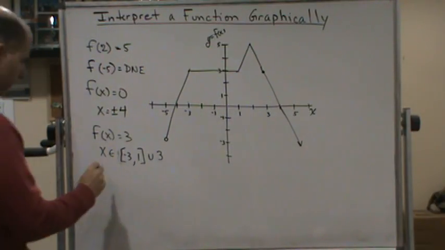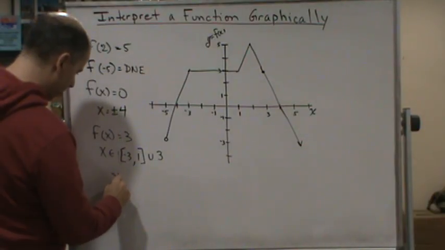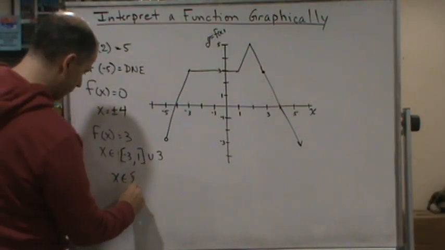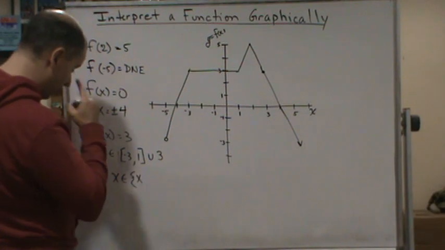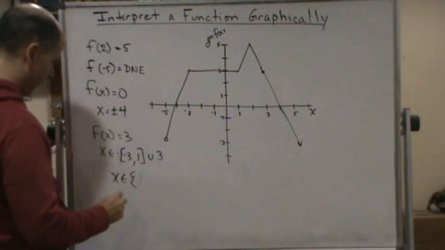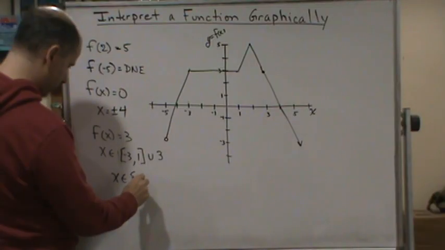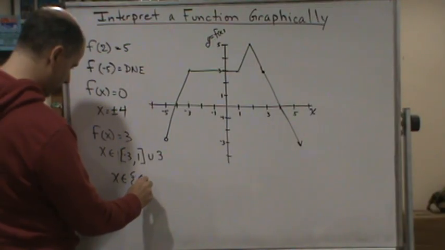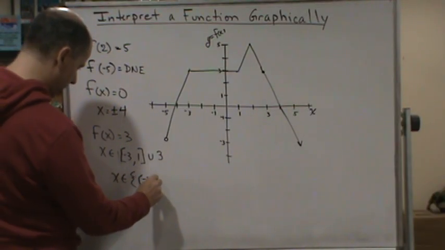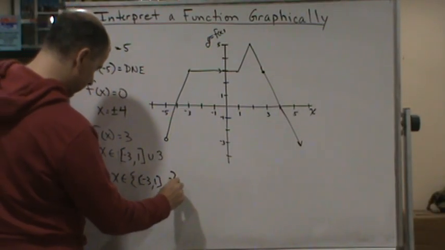Or we would say x is in a set of negative 3, comma 1, comma positive 3.